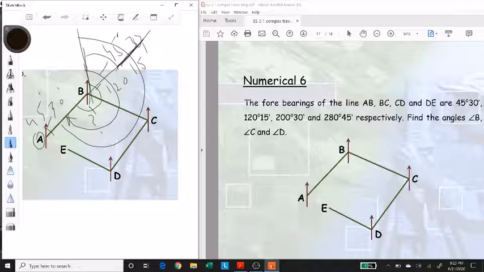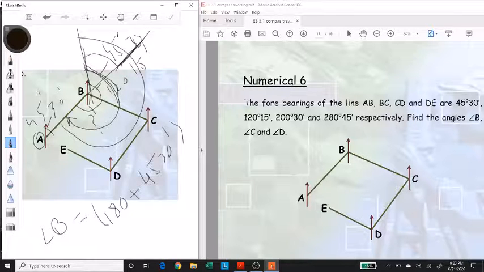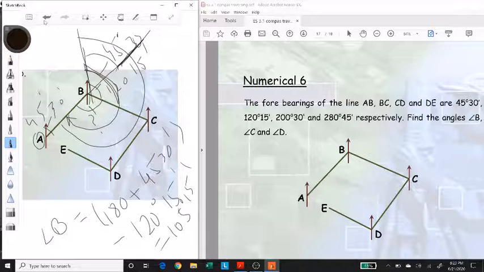So in order to find out the interior angle B, that would be 180 degrees plus the fore bearing 45°30', and from this we need to subtract this smaller angle, the fore bearing of the line BC, which is 120 degrees and 15 minutes. If you subtract that, you get the interior angle B as 105 degrees and 15 minutes. So just by using geometry, we can find it out. So that was the interior angle B.